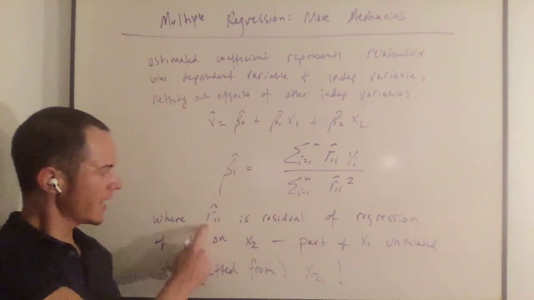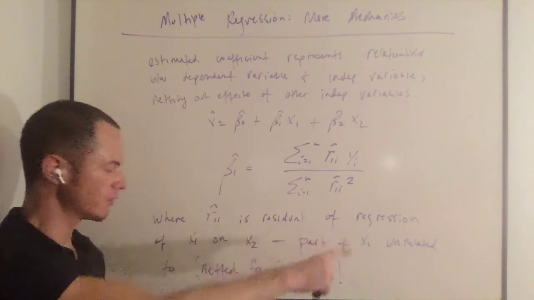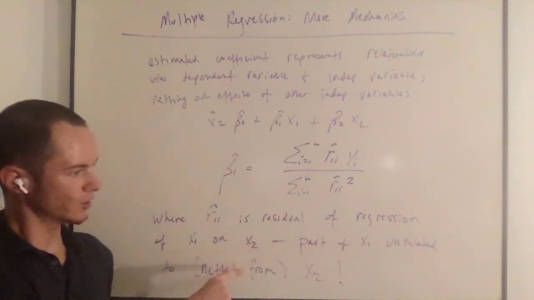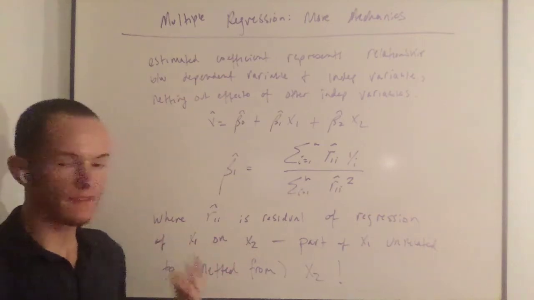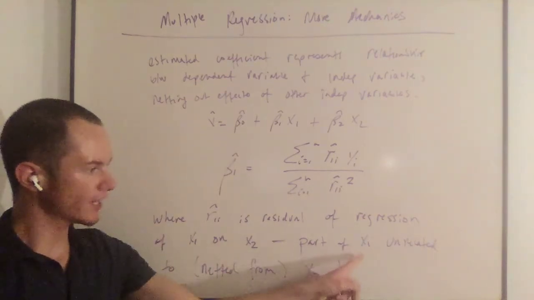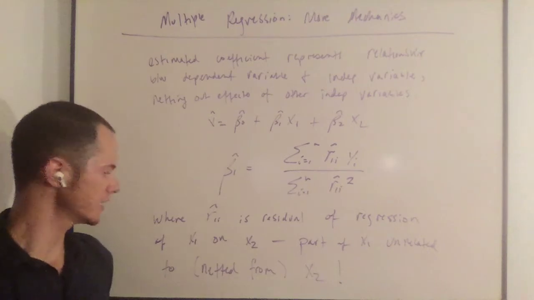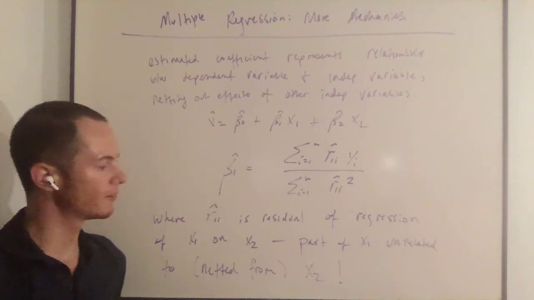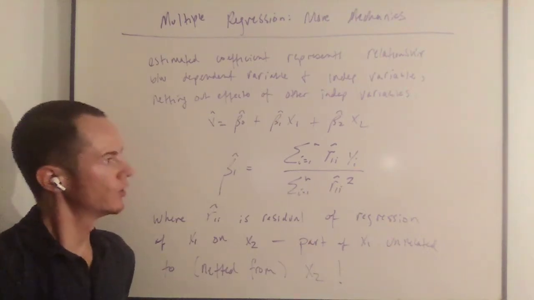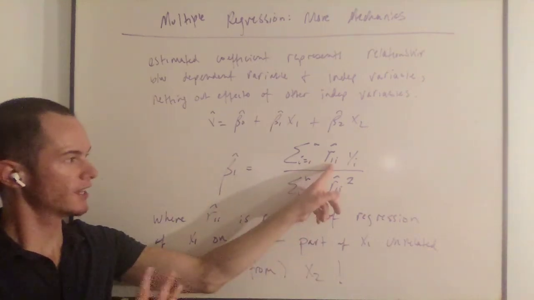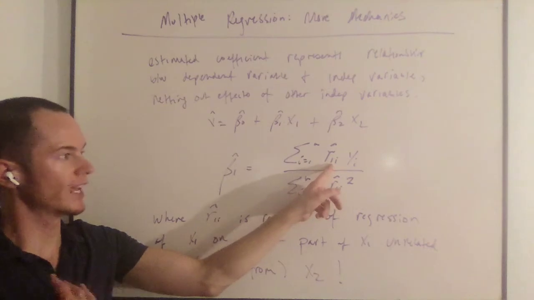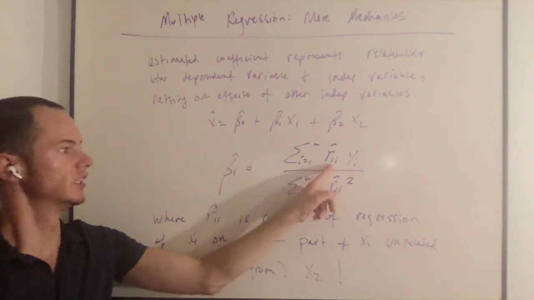Where this r1i hat is the residual of a regression of x1 on x2, which in effect is the part of x1 that is unrelated to or netted from x2. All right, so you have just the part of x1 that is unrelated to x2 in this r.